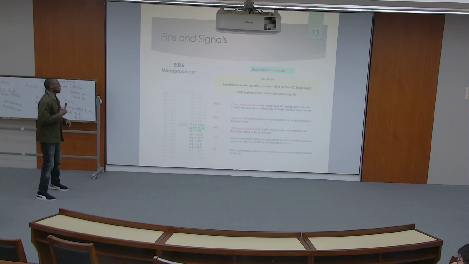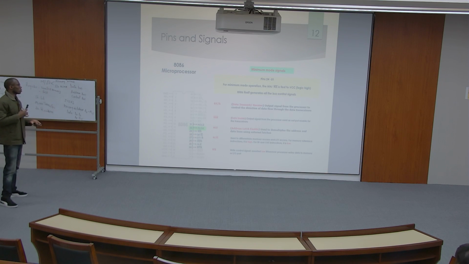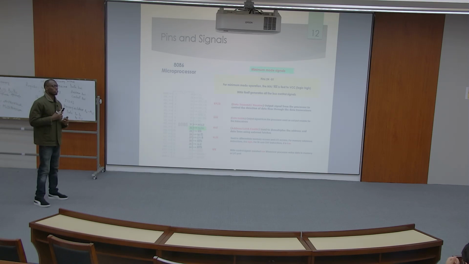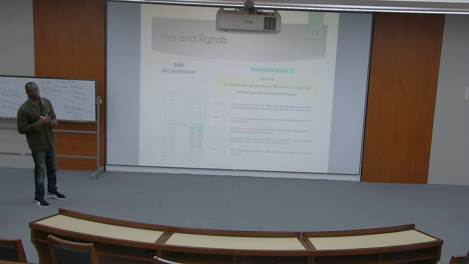The write control signal is pin number 29. This pin is very important to write control signals. And it is asserted low when a processor writes data to the memory or input output.